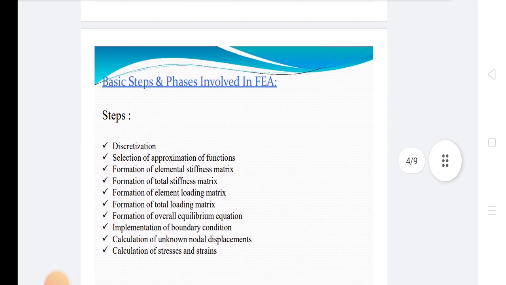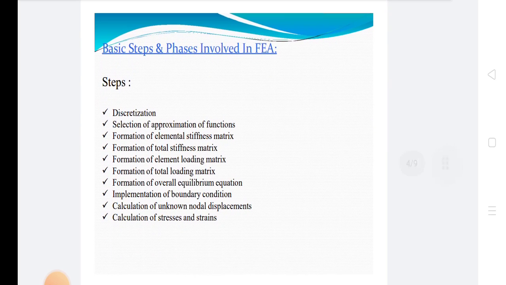Now, these are the basic steps involved in FEA. The first step is discretization. Second step is selection of approximation functions. Third, formation of the elemental stiffness matrix.